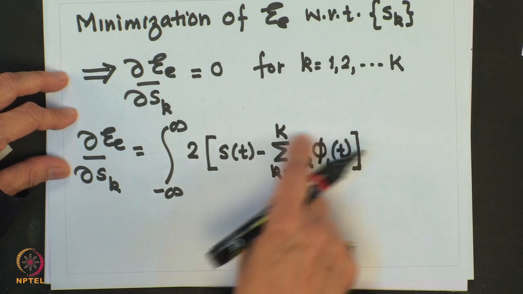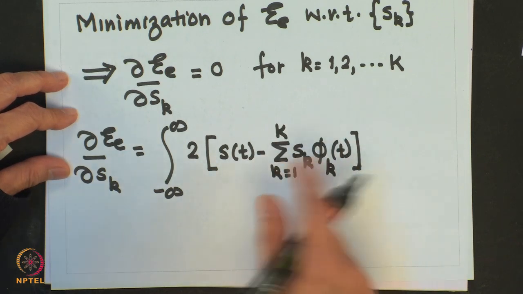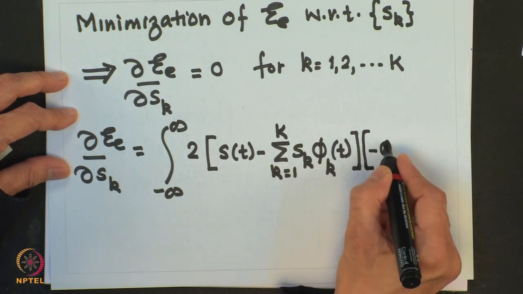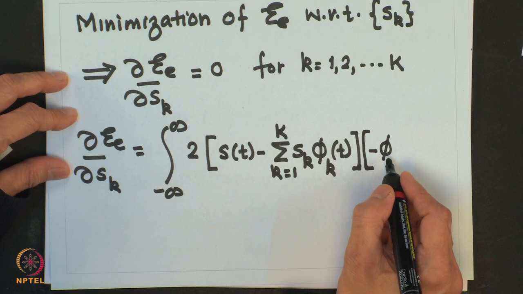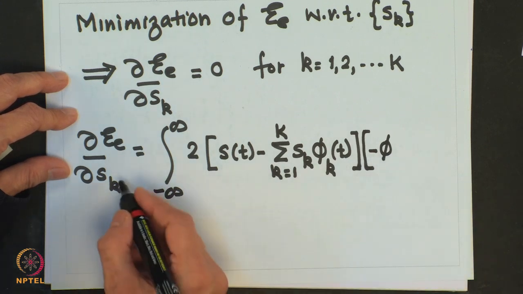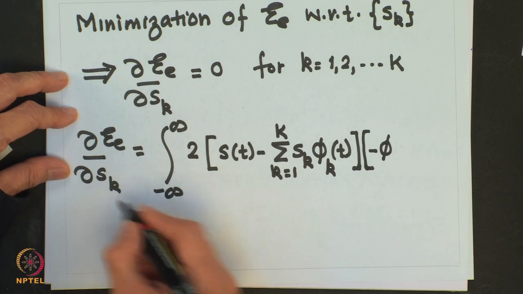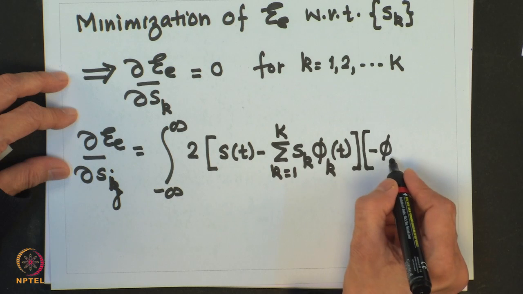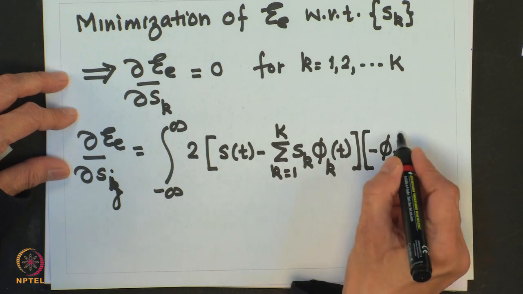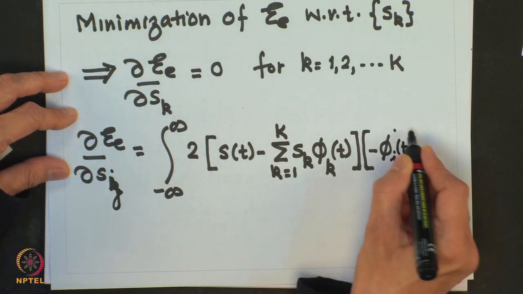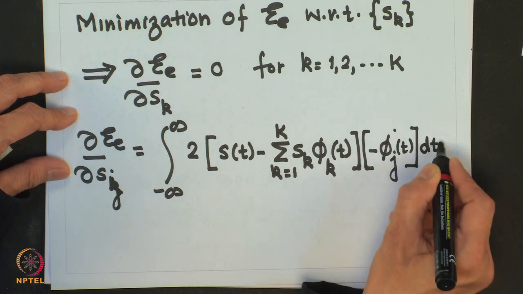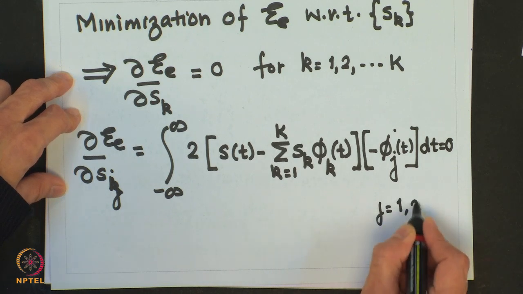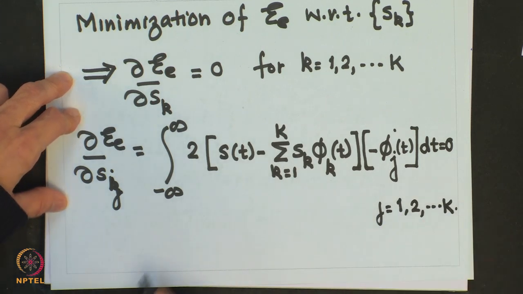This will go to 0 and here basically only s_k will come out. So, what we will do, let us take the derivative with respect to s_j, otherwise there is a little confusion. So, if we do this, basically what I get is s_j here phi_j(t), dt is equal to 0 for j equal to 1, 2 up to capital K.